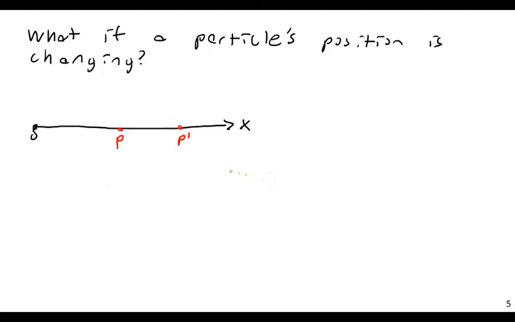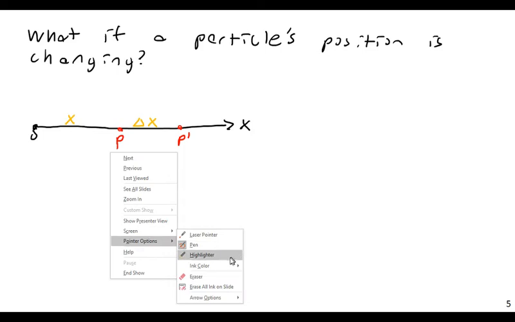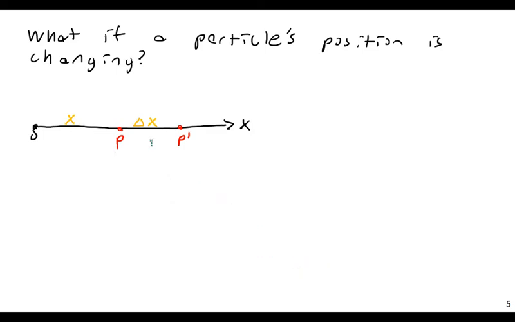Originally this thing was at location x, but then after some time it's at delta x. It was at P at time t, and it's here at time t plus delta t. I know this can seem fairly simple, but I'm breaking motion down into its most fundamental mathematical principles here.